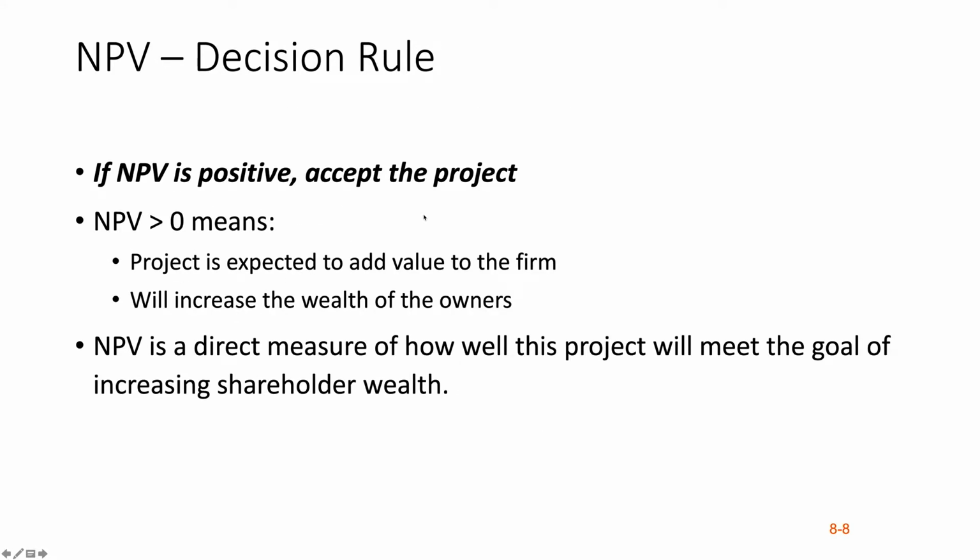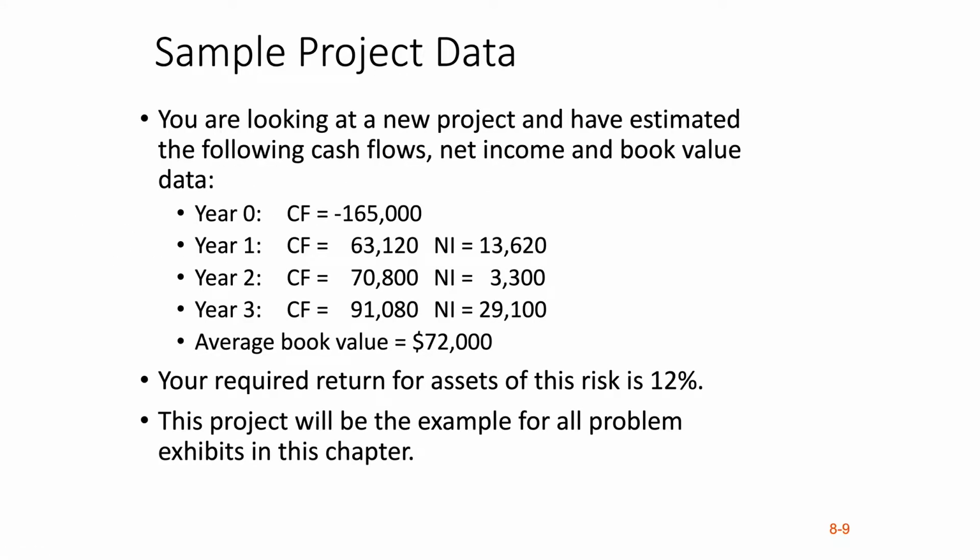Now, the cash flow for year 1 is 63,120. This is the cash flow, but the net income for year 1 is 13,620. Then we have year 2 data, year 3 data.